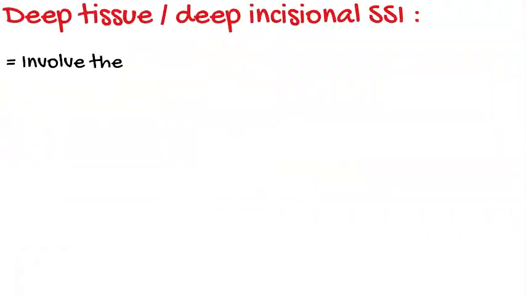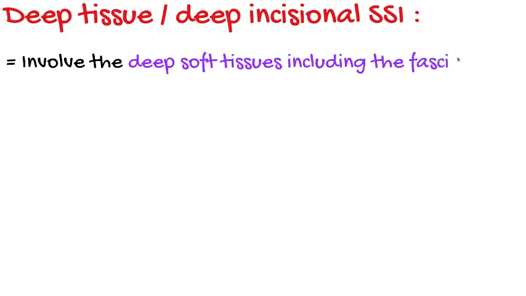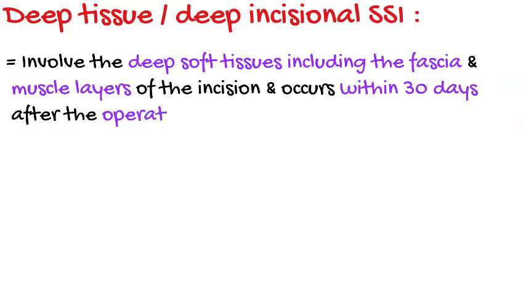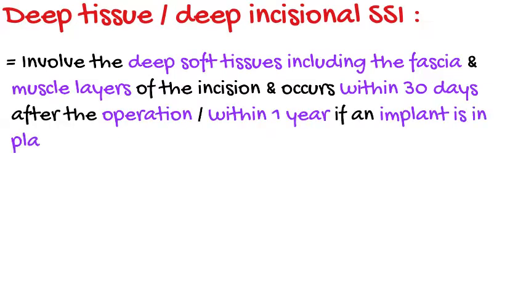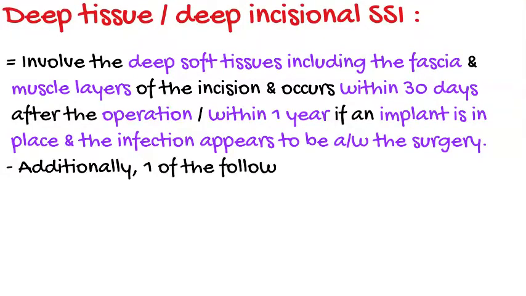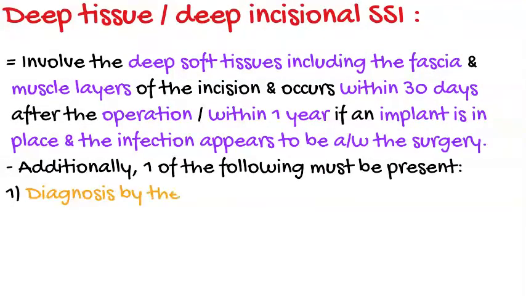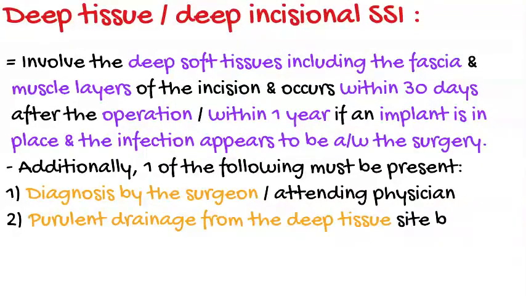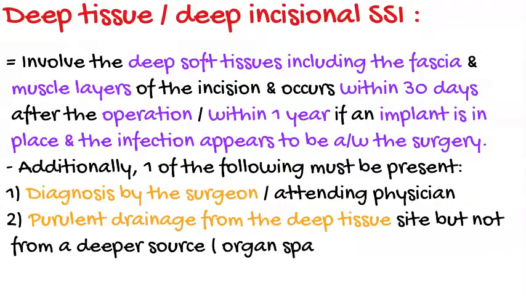Deep tissue or deep incisional surgical site infection involves the deep soft tissues including the fascia and muscle layers of the incision and occurs within 30 days after the operation, or within a year if an implant is in place and the infection appears to be associated with the surgery.